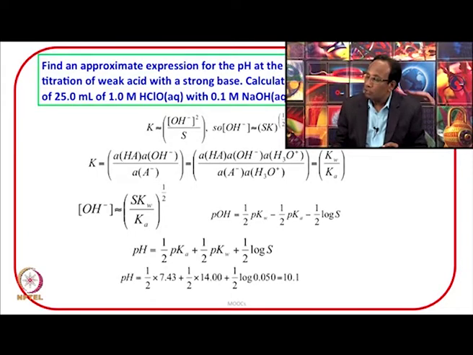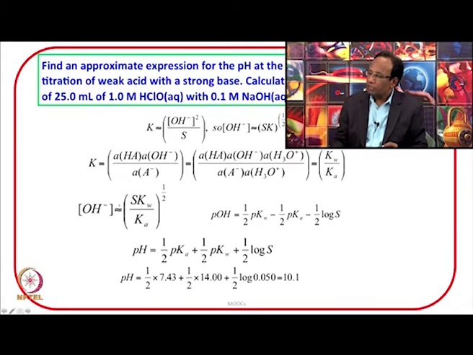And once you substitute the value of pKa of the acid and pKw, which is 14 at 25 degrees centigrade, and the concentration of the salt form will be 0.05, the final answer can be obtained as 10.1.